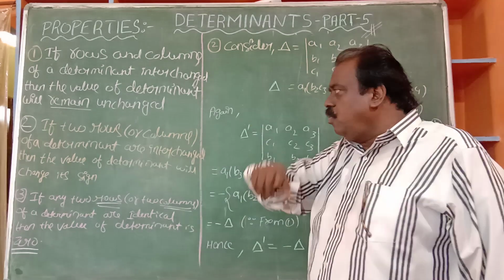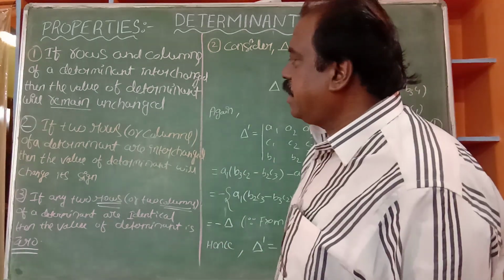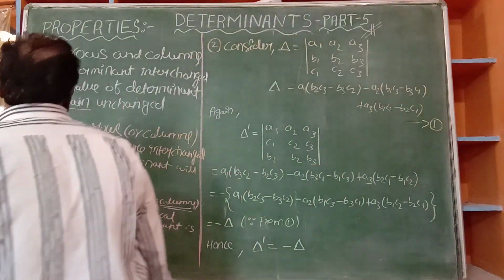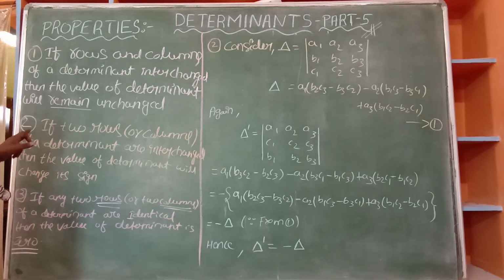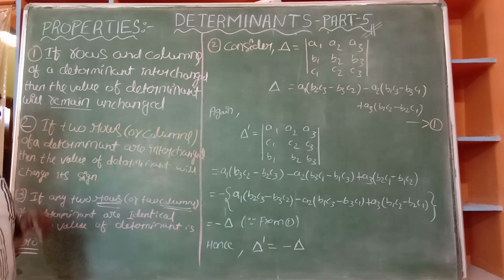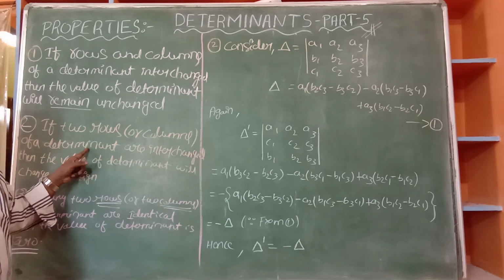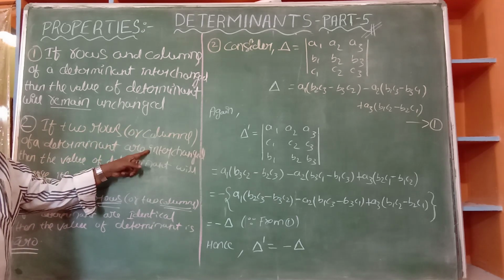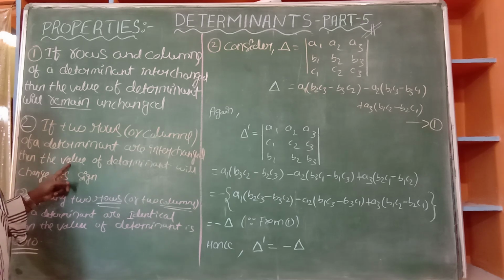Now, I am going to solve the second property. Observe it. Second property. If two rows or otherwise two columns of a determinant are interchanged, then the value of the determinant will change its sign only.